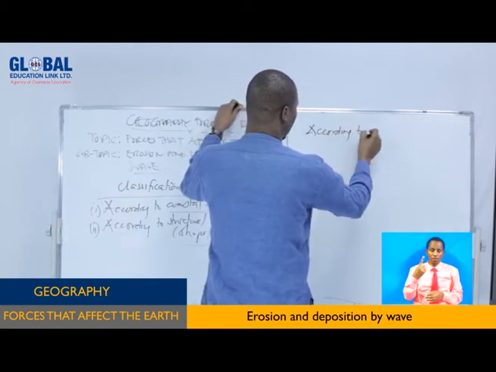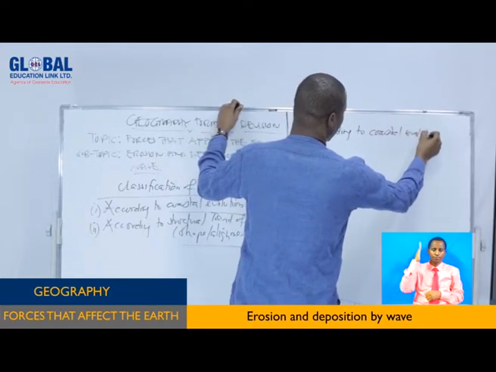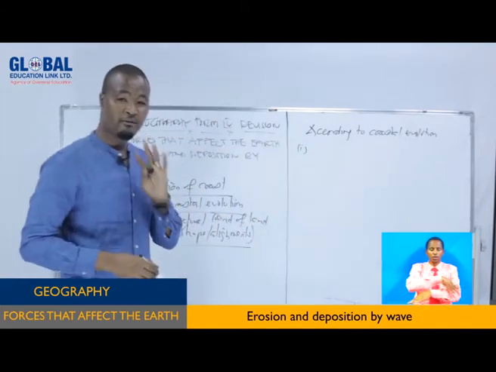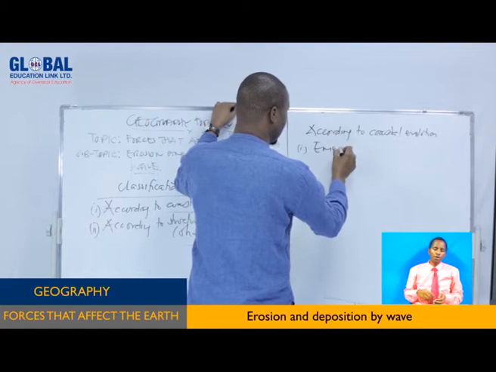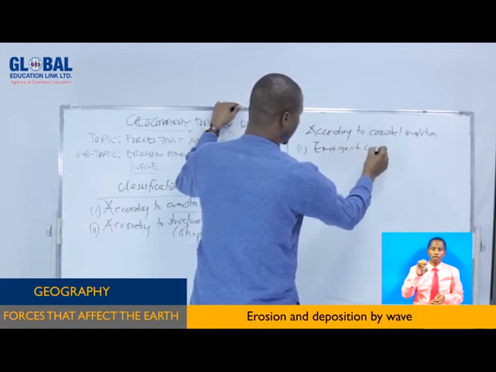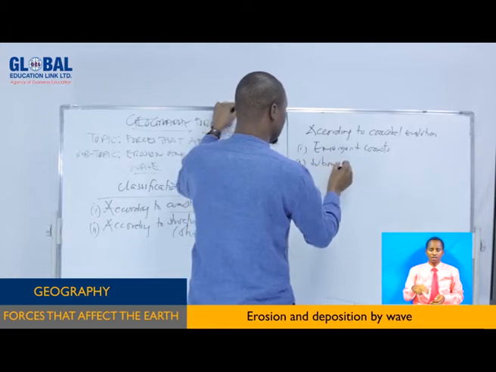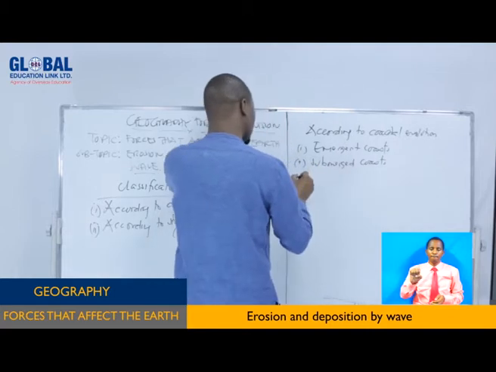According to coastal evolution, we have four types of coast. We have the emergent coast. We have the submerged coast.